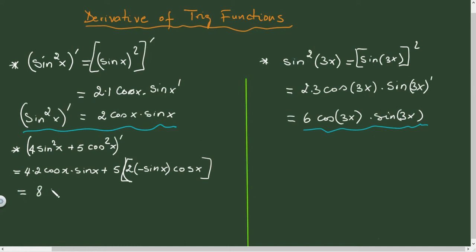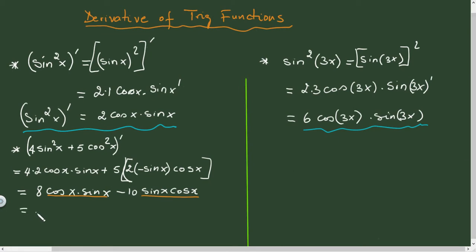Then we put them all together. We have here 8 cosine of x times sine of x, and here minus 10 sine of x cosine of x. As you can see, these terms are the same, so we just subtract the coefficients.